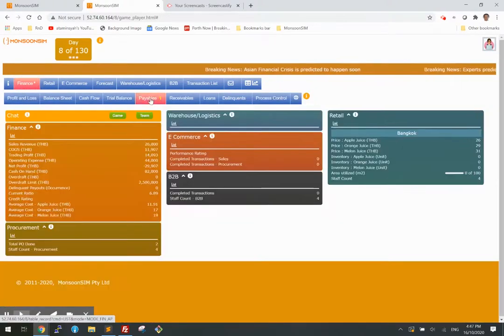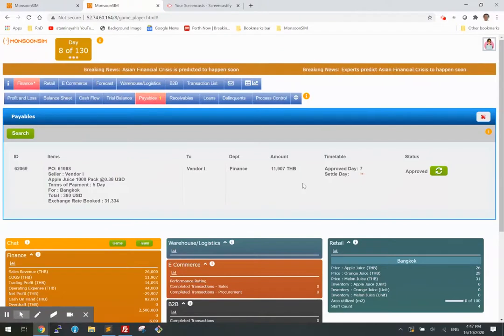The goods have come in, and I do have a booking of 1,000 units of apple juice on day 7 based on the rate of 31 Thai baht per dollar. So based on $380, I have to pay 11,000 Thai baht. Remember, the vendor doesn't care about Thai baht. All he wants is $380, right? Because they are an importer, they want it in US dollars.